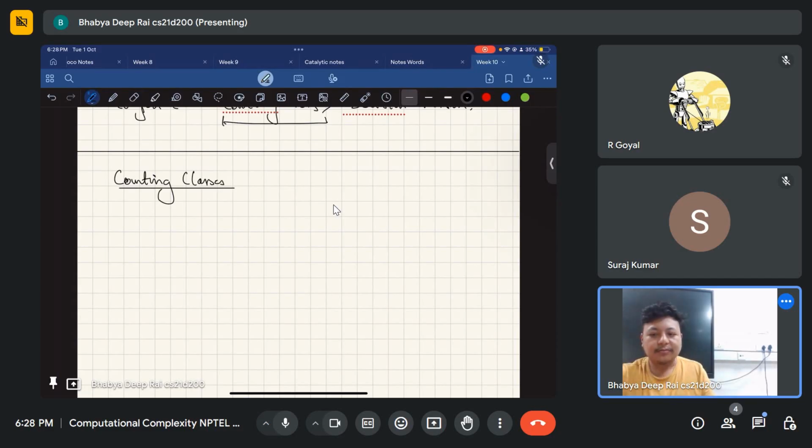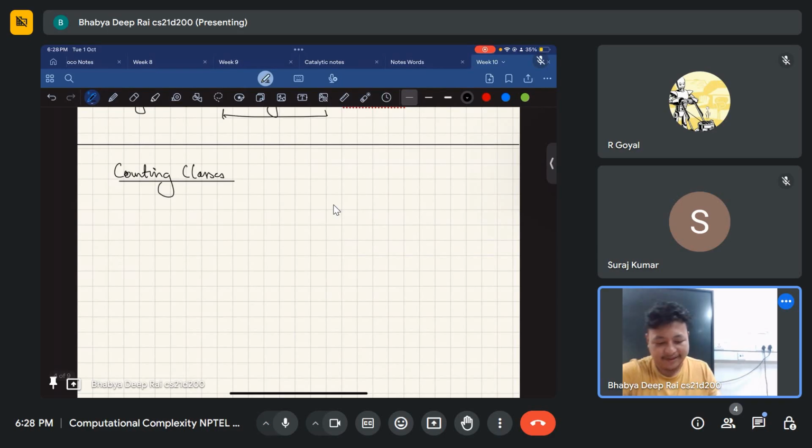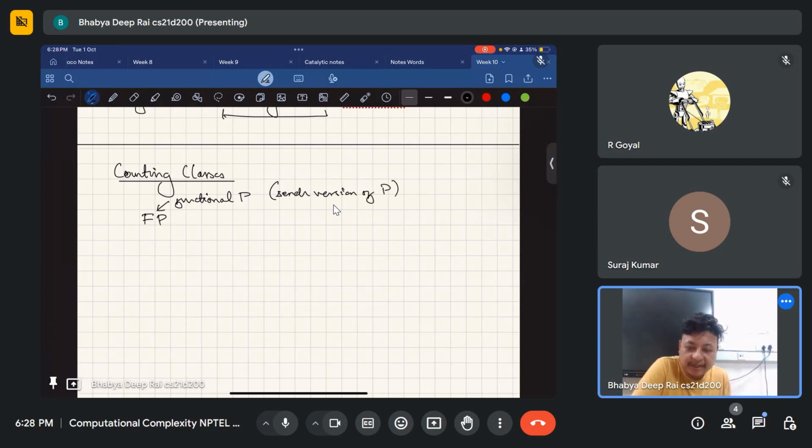So one is a very simple class. It's what is called FP, and F stands for functional P. This is the search version of P. You may have thought that a lot of computational problems that we do in real life are not always decision problems.